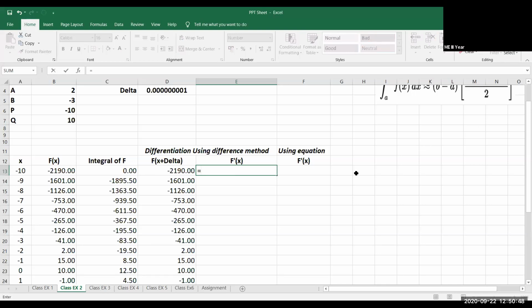I am writing here in another place the first principle of differentiation. It is f of x plus delta, minus f of x, the total divided by delta.